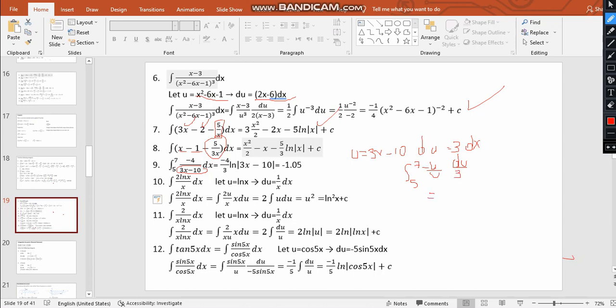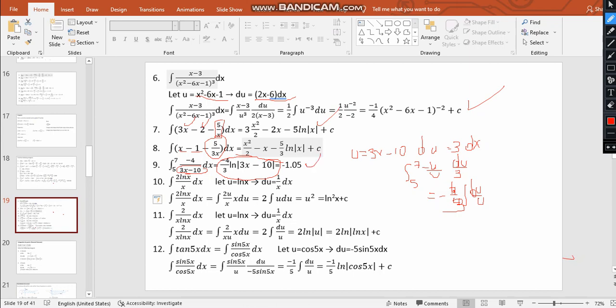So you're going to get minus 4 over 3 outside, and remaining inside du over u, and the integral of du over u is ln |u|. So you get minus 4 over 3 ln |u|. Between 5 and 7, you replace one time by 7 and one time by 5.